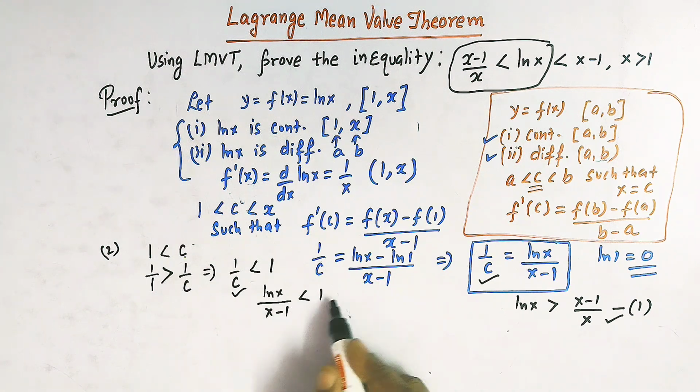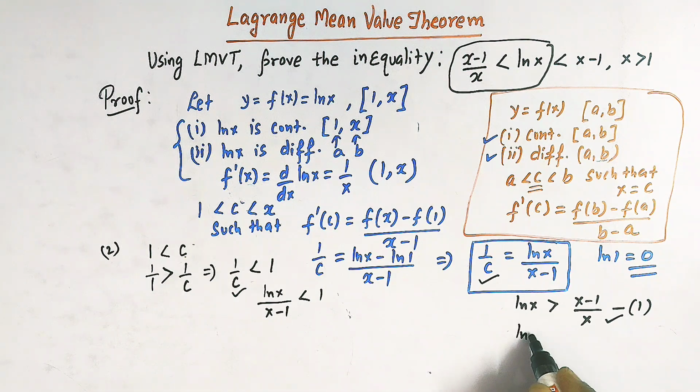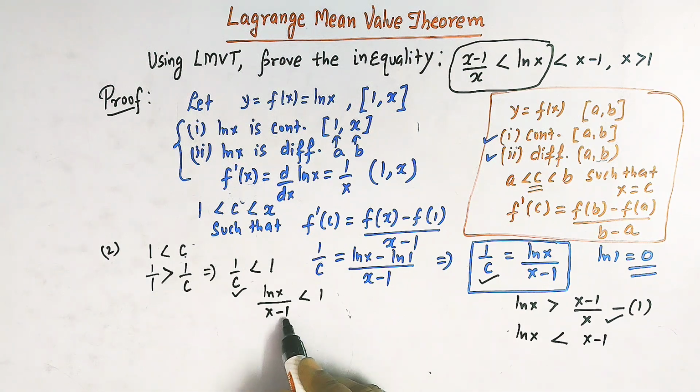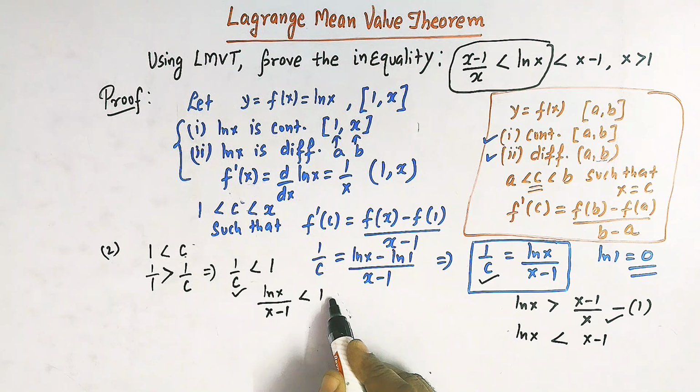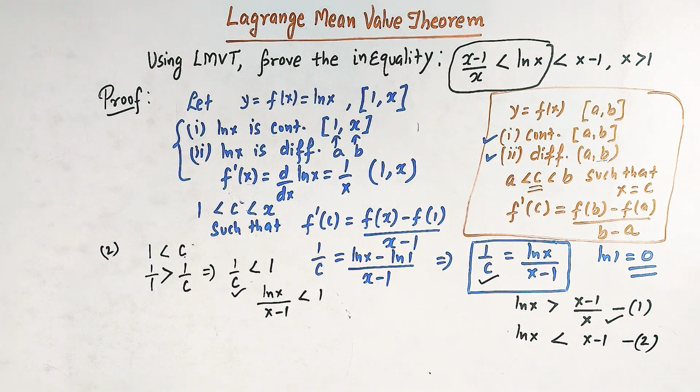So multiplying both sides by x minus 1, we have log of x is less than x minus 1. So here we have inequality number 2.